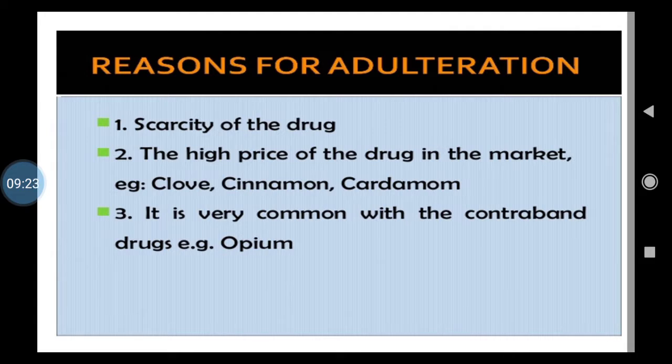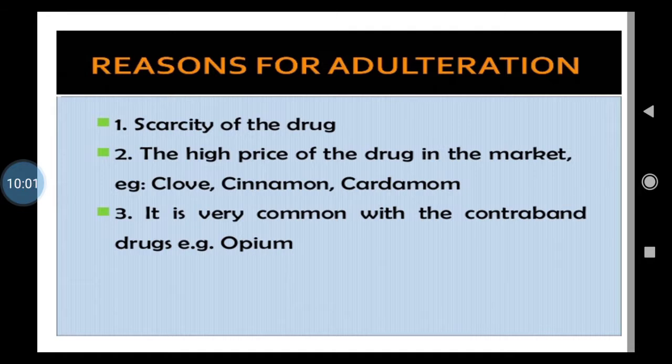The original things are available in small amounts, not in bulk, and being first quality substances, they have a high price in the market. For example, clove, cinnamon, cardamom, these drugs we have discussed in carminatives. In the market you can inquire that they have comparatively high prices.